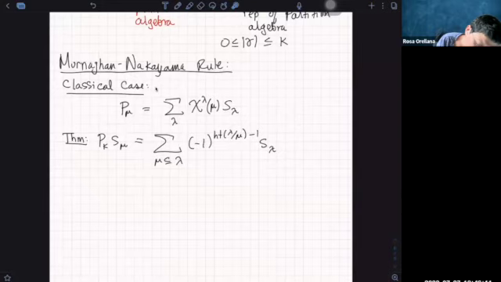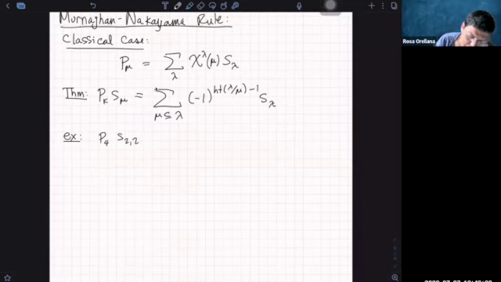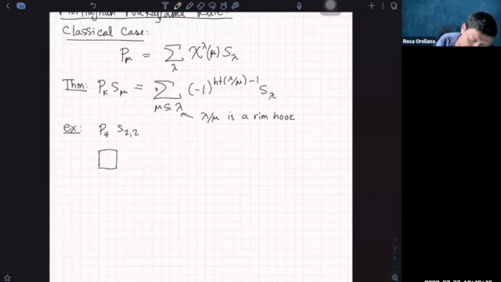Just to remind you, for instance, if I have p4 times s2, the way you do it is you start with a diagram like your 4, because it has to contain it, and you have to add a rim hook. The condition here is that lambda slash mu is a rim hook; there are other names.